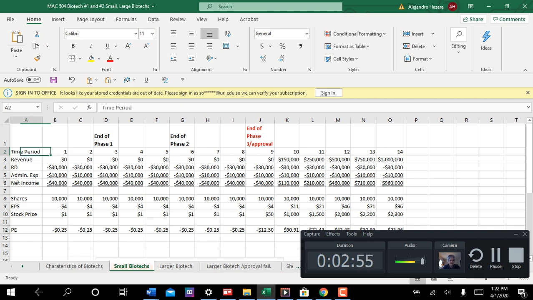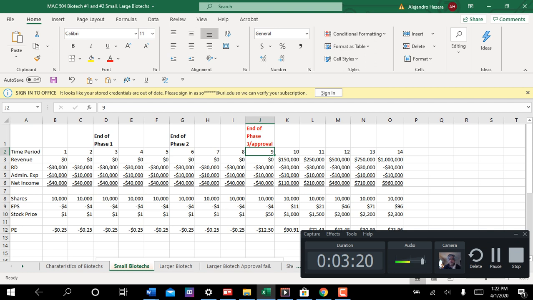Okay, so I have 14 time periods, and there are 3 phases of FDA approval. We're assuming that the first phase takes 3 time periods. The end of phase 2 happens at the end of the 6th time period.